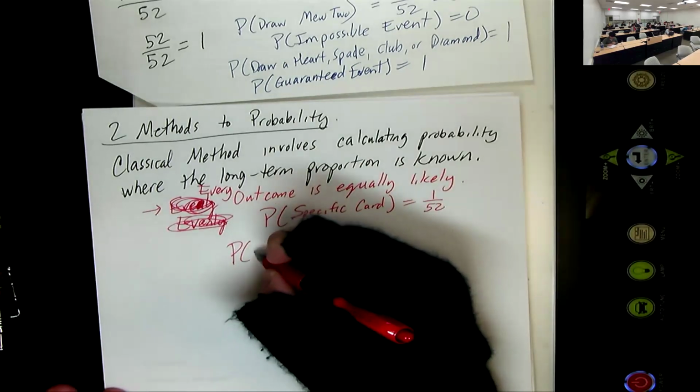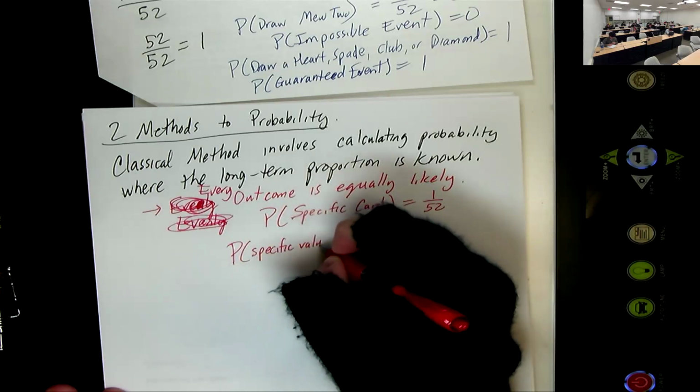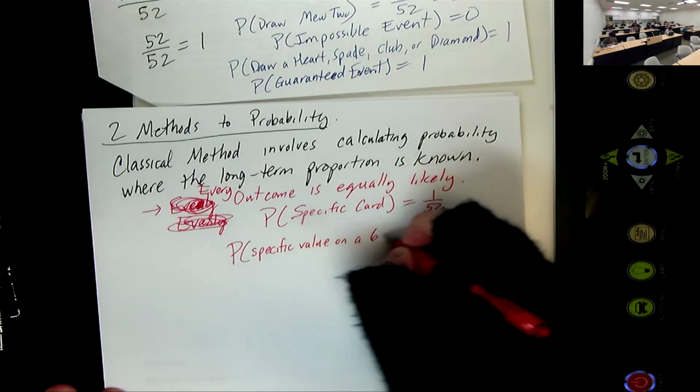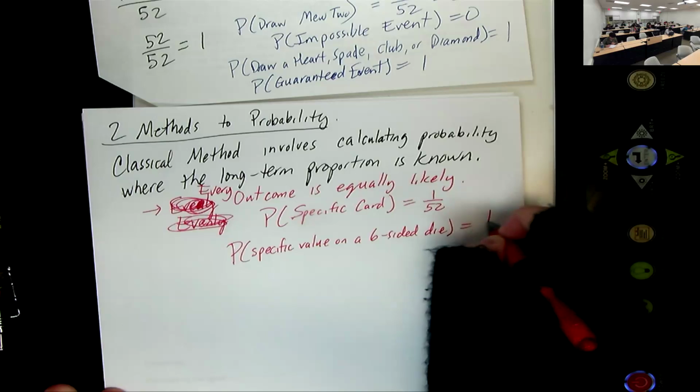The probability of rolling a specific value on a 6-sided die is 1 out of 6.